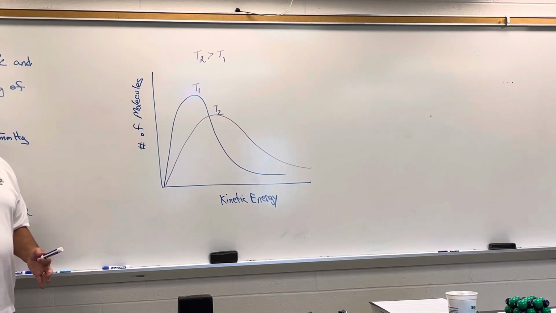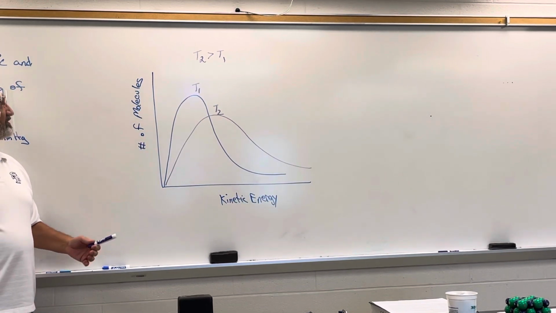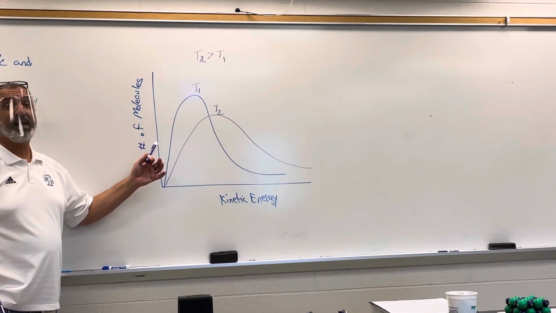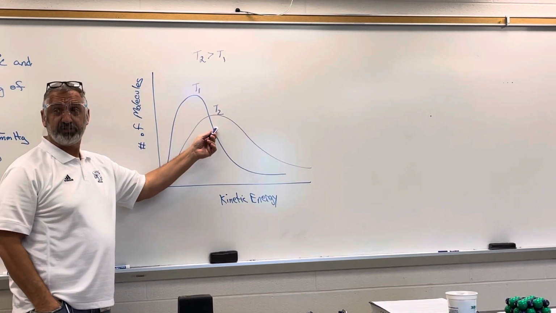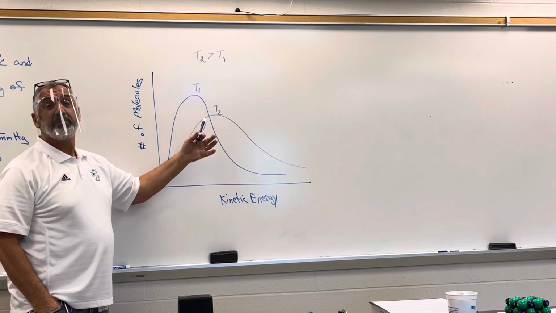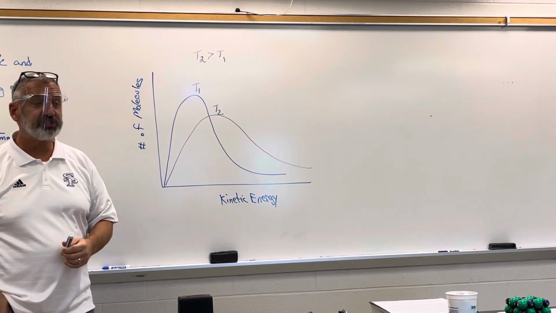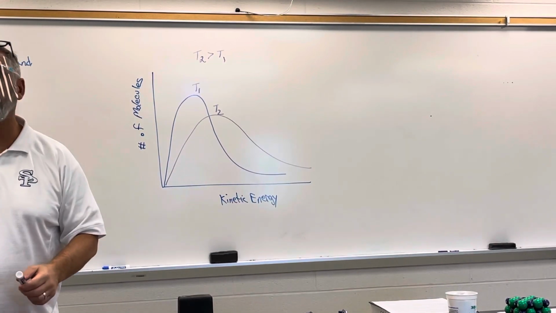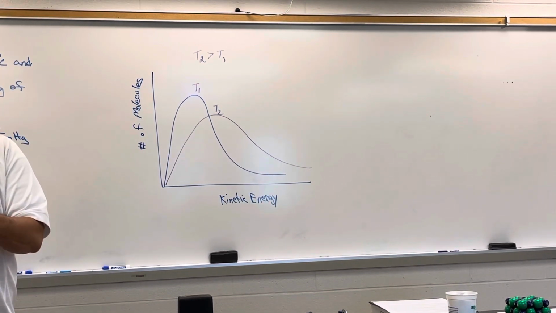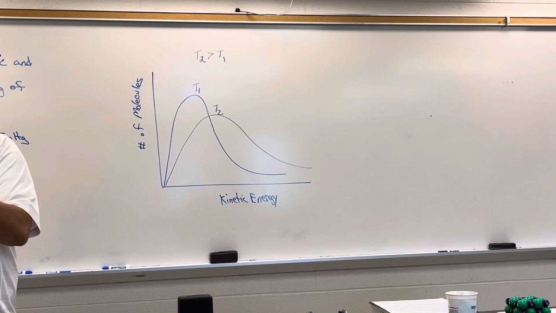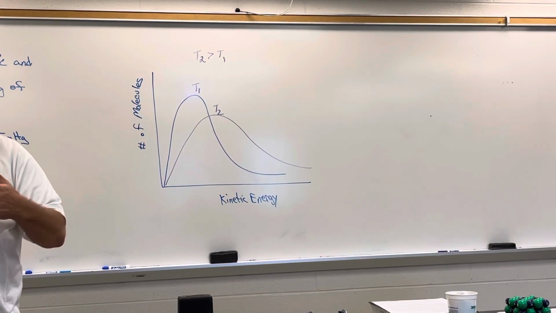You've got 1 gas at 2 different temperatures. Remember, temperature is a measure of the average kinetic energy. If I fill this beaker up with water, all the molecules inside are not going the same speed. Some are going fast, some are going slow, but there's an average. They're bumping into each other. I always think of pool balls.